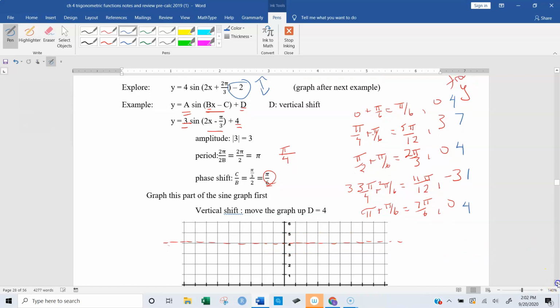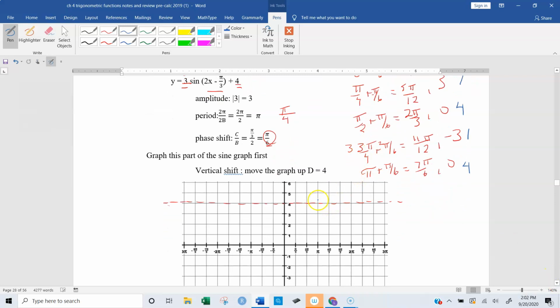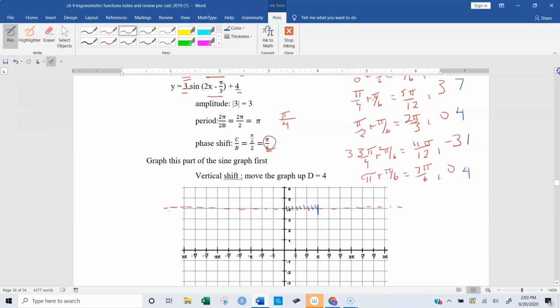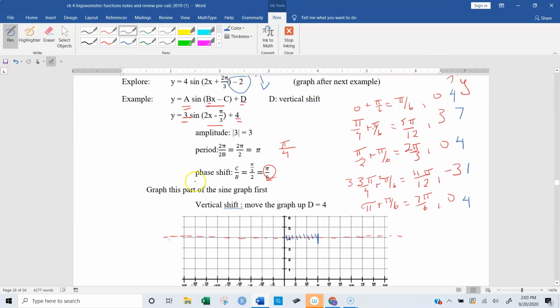Let's go down to the bottom. So here's pi. We need our 12ths again. So let's see where we're at here. Pi over 6 is my 0, or our 4 this time. 2 pi over 3 is my 0, or my 4, since I added 4. 1 past pi is my 0 or my 4.